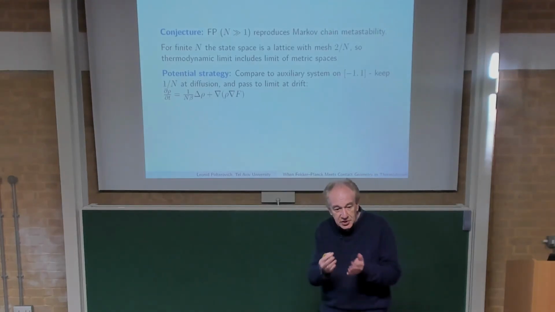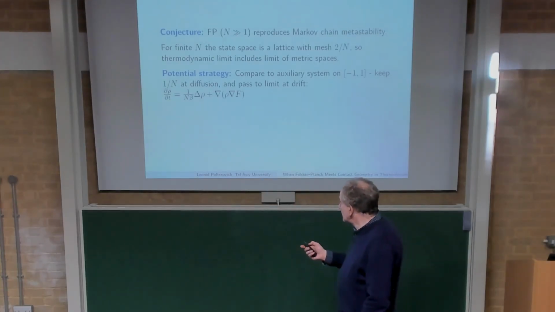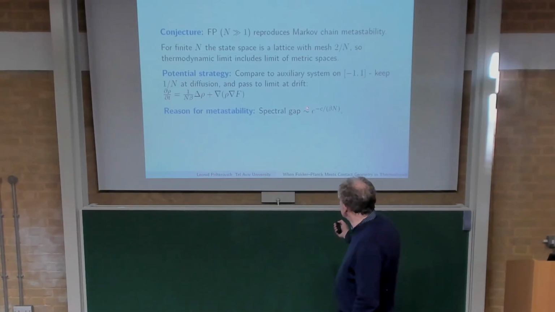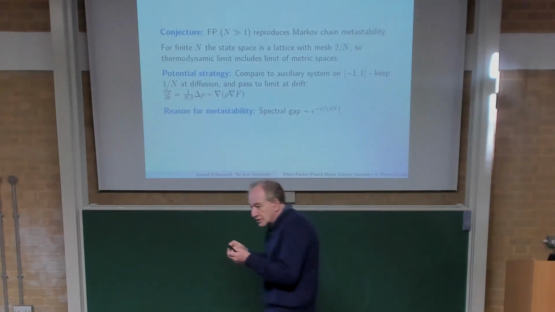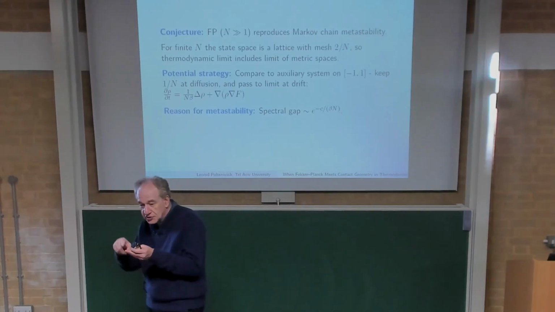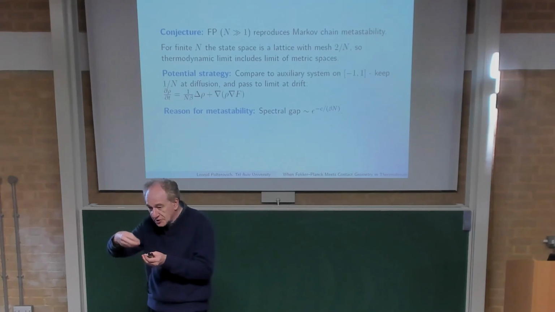So it's a partial passage to the limit. And what is the promise? The promise is that, you remember, we have this exponentially small spectral gap, and the spectral gap is exactly responsible for the speed of converging to equilibrium if you start near the metastable state, right?